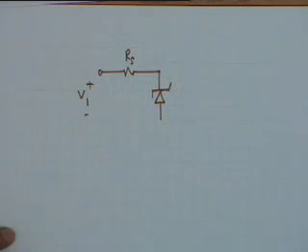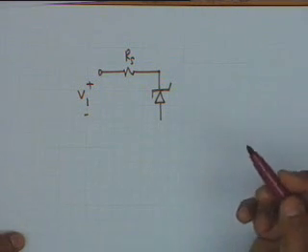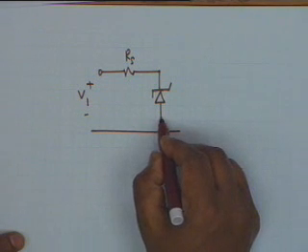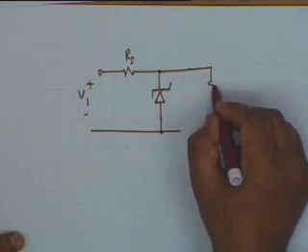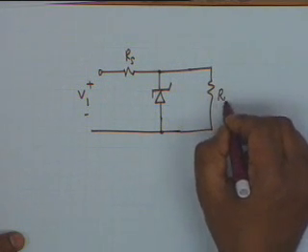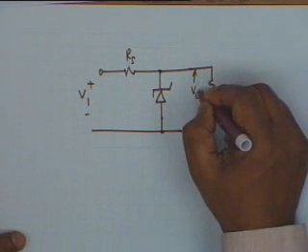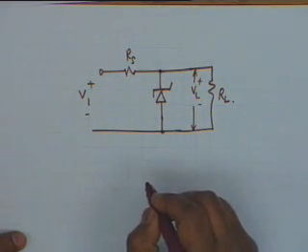If it is a straight line, then it is a normal diode. If it is a wavy line like this, then it is a Zener diode, and you see the Zener is connected in the reverse biased mode, and then you have the load RL, all right. This is the circuit, and it is this voltage which is required to be maintained constant.